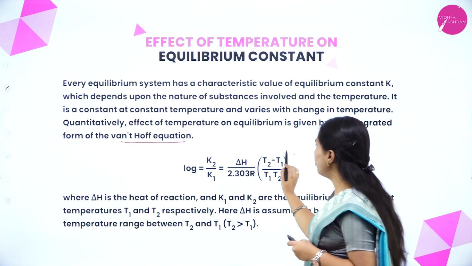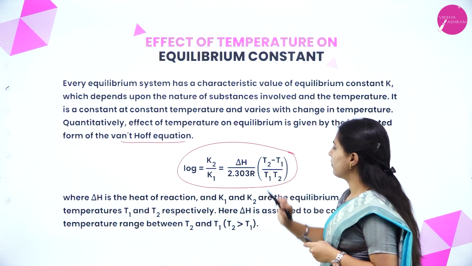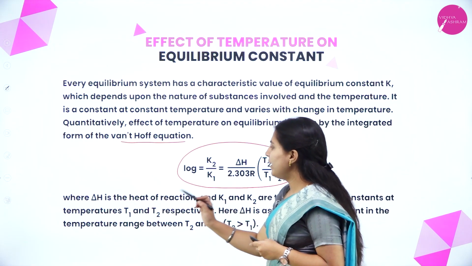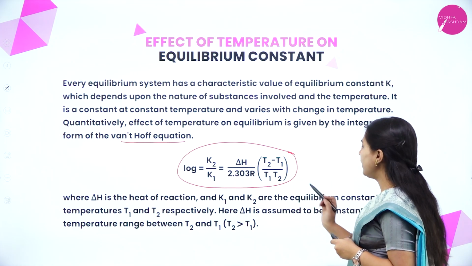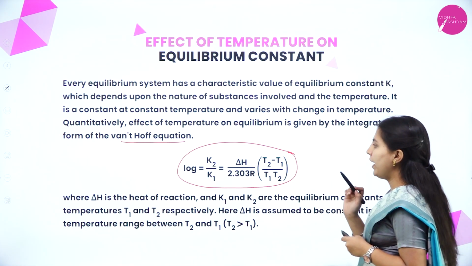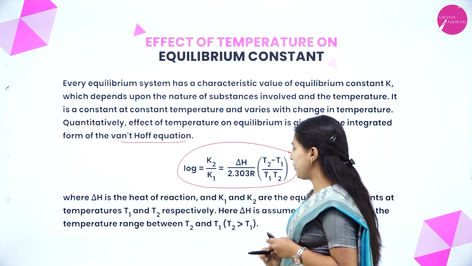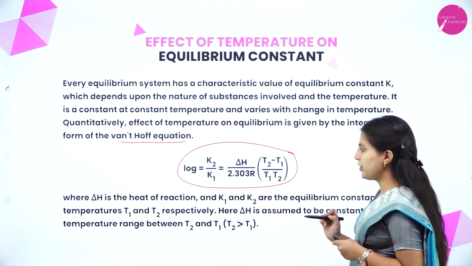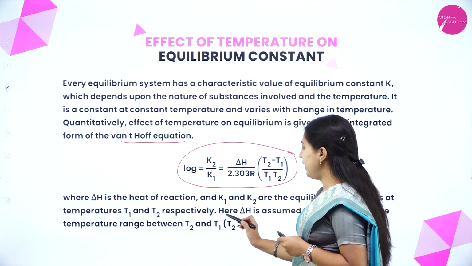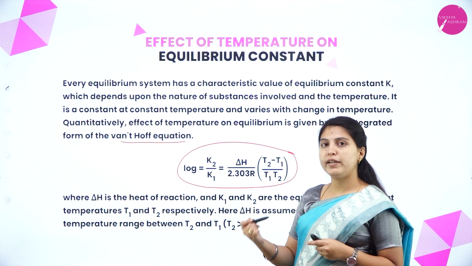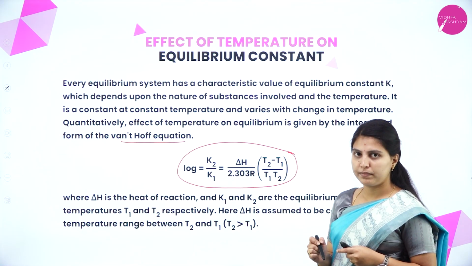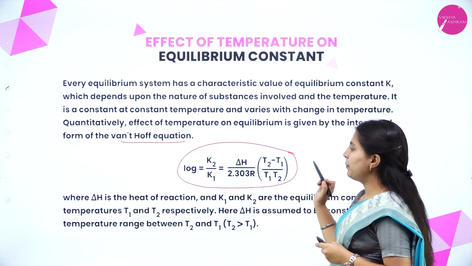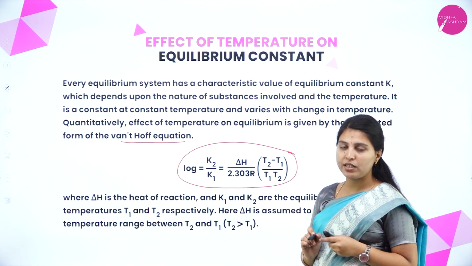This is with respect to temperature using the Van 't Hoff equation, where delta H is the heat of reaction, and K1 and K2 are the equilibrium constants at temperatures T1 and T2 respectively. Here, delta H is assumed to be constant in the temperature range between T2 and T1, and T2 will always be greater than T1.